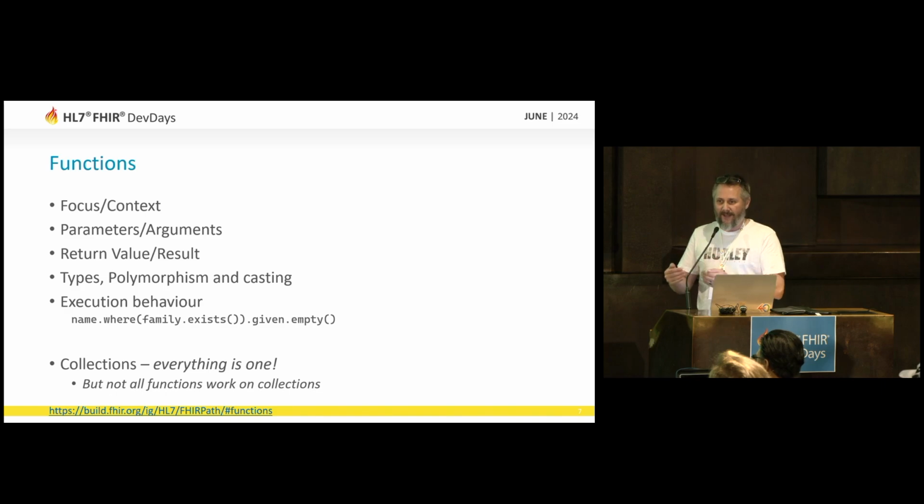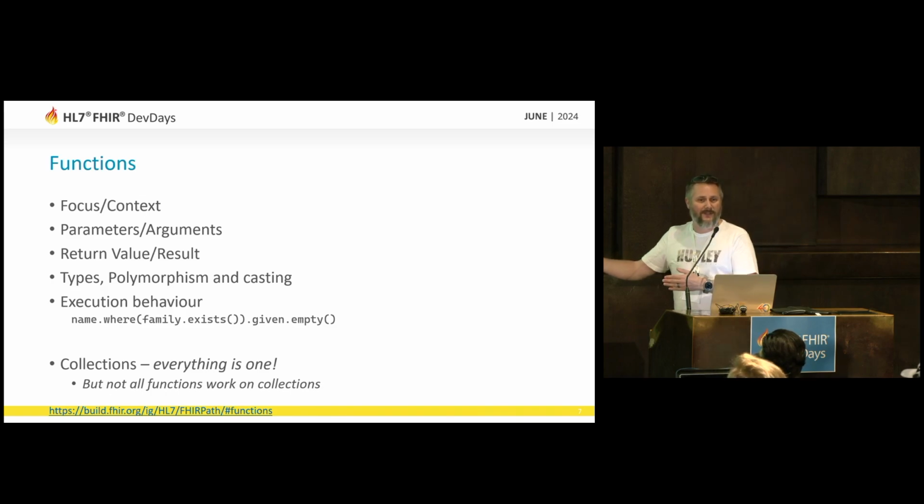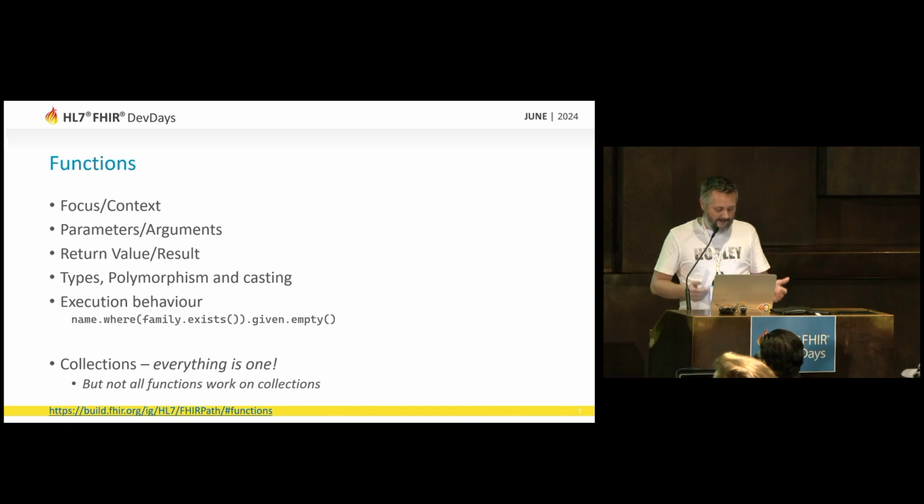So that was just a good example to say, just because you've gotten to a point and there's no more nodes in that collection doesn't mean you stop. Because there could be a .exists, there could be something else at the end that actually goes, oh yeah, we ended up with nothing, so it's kind of neat. And yes, just a reiteration, everything is a collection, even if you don't think it is. And once again, select will bring you out of that.